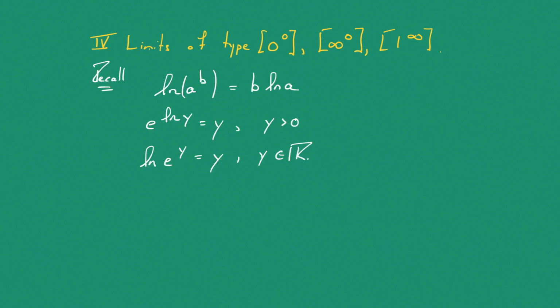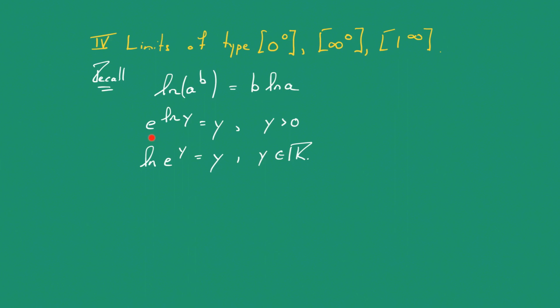Before I explain the method for evaluating limits of these indeterminate types, let's just recall some facts about the exponential functions and the logarithmic functions. In particular, if you take the log of an exponent like this, the exponent b here can be brought down in front. So this is b log a.